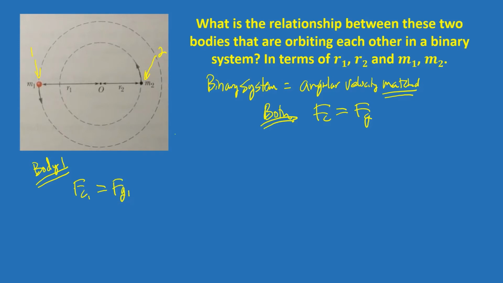Okay? And so what's FC equal to? Well, FC for this first guy is simply mv squared over R1, right? And that's going to be equal to my gravitation, which is going to be m1, my gravitational force between the two, divided by 1 plus 2 squared, that radius. All right? Okay.